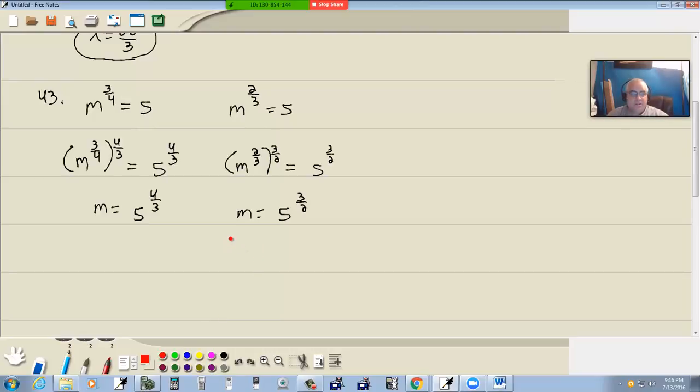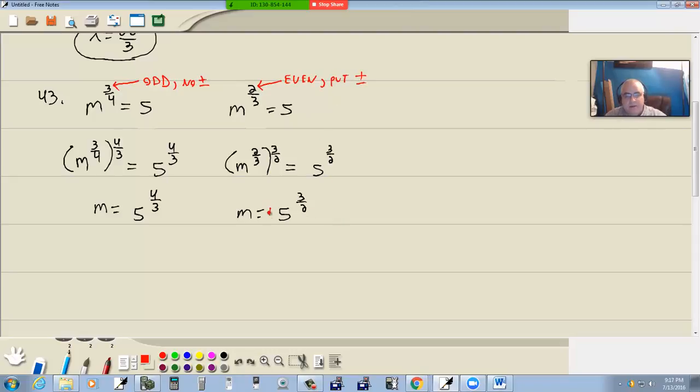Now there's an additional item you have to take into account when you do this. Before you raise both sides to a power, if the number up on top is odd, that means there's no plus or minus. But on the other hand, if the number on top is even, that means you're going to put a plus or minus.